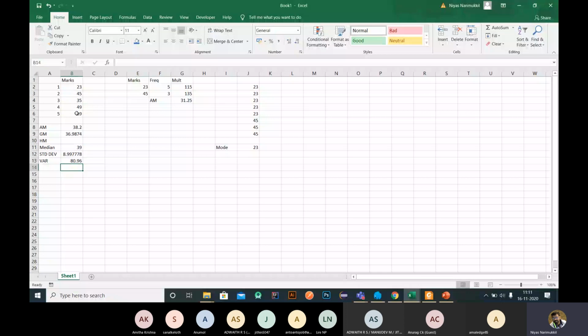So we get 80.96. The square root of variance is standard deviation, right? So 80.96 is close to 81. The square root of 81 is 9, right? So standard deviation is close to 9. So we get the standard deviation and variance.